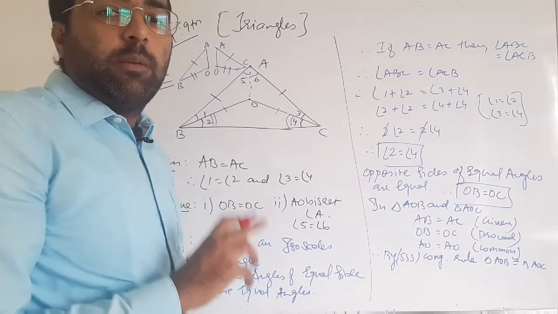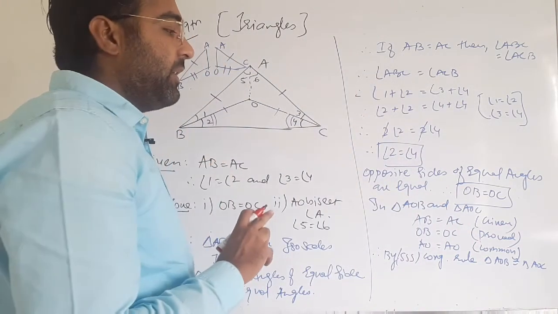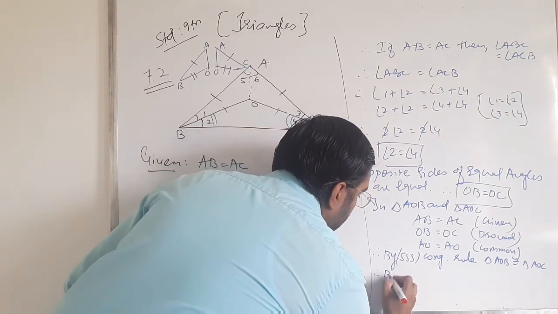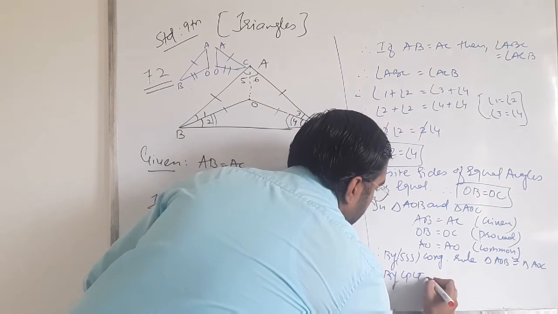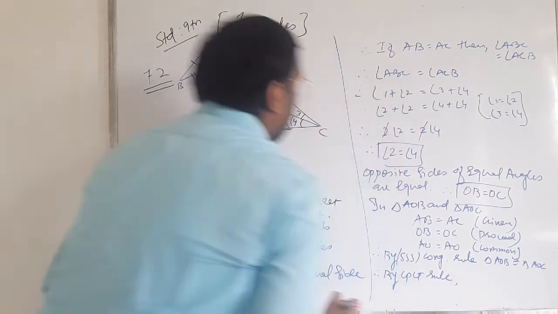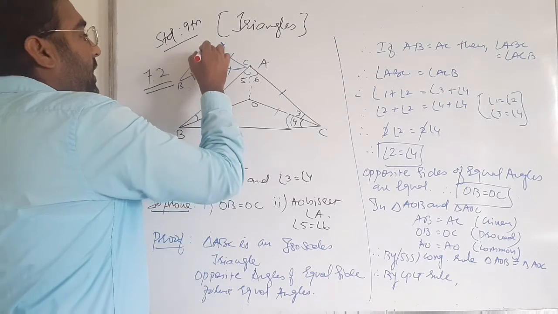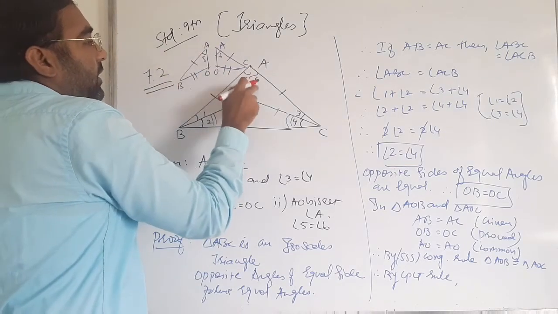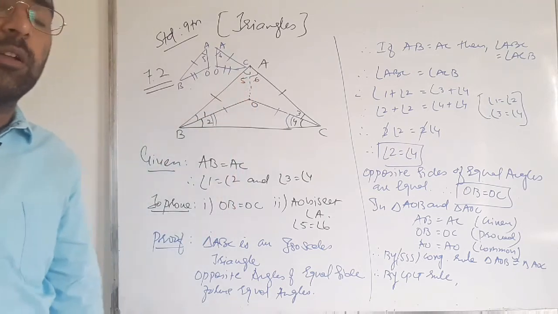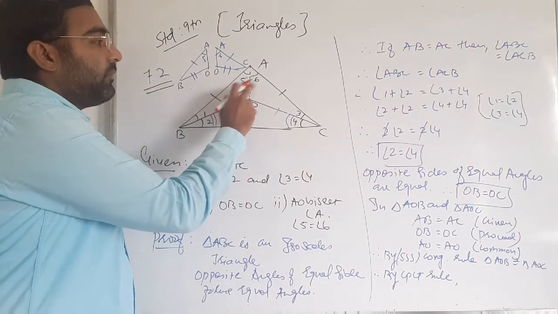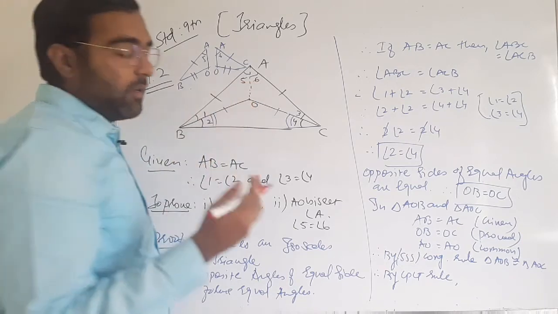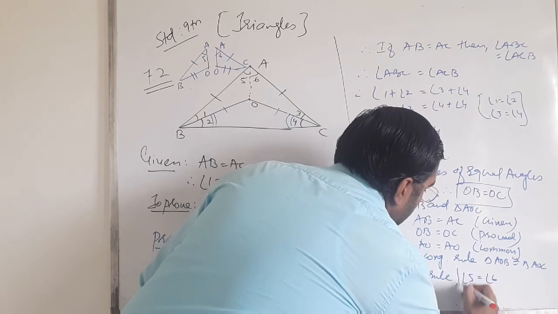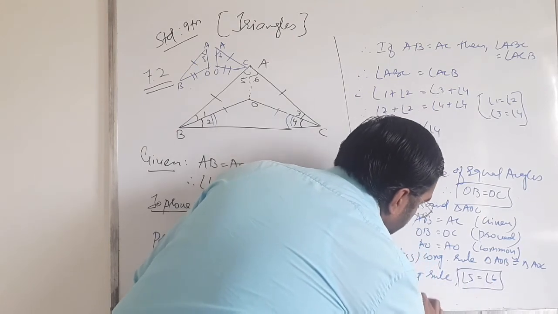Therefore, by CPCT, angle 5 and angle 6 are equal, as shown in this figure. Hence proved.